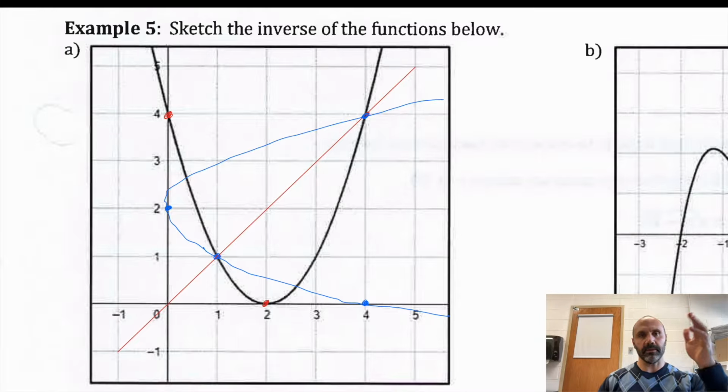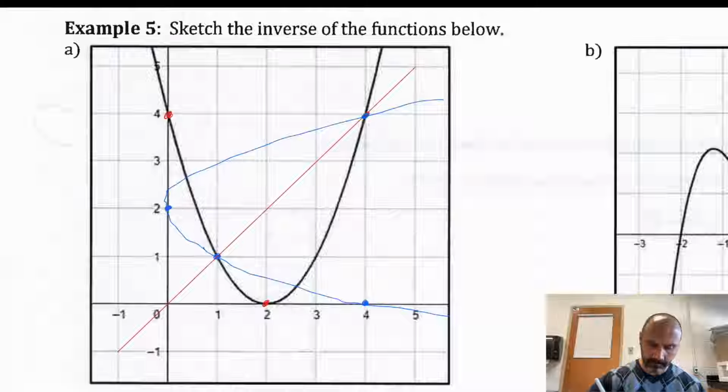What we mean by setting a perpendicular line and then going an equal distance is, if you were to take a perpendicular line from this point to this point, that perpendicular line would look like this.